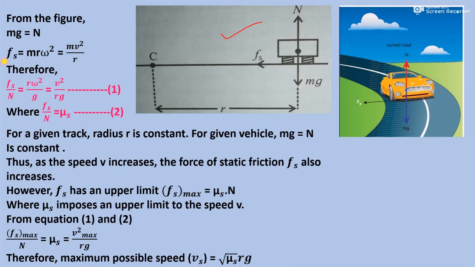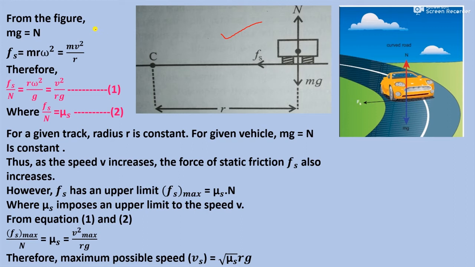And what is the force of static friction? We already studied it plays the role of centripetal force. So what is the centripetal force formula? It is m r omega square. And you might also have seen centripetal force written as m v square by r. You might be asking how two formulas came.